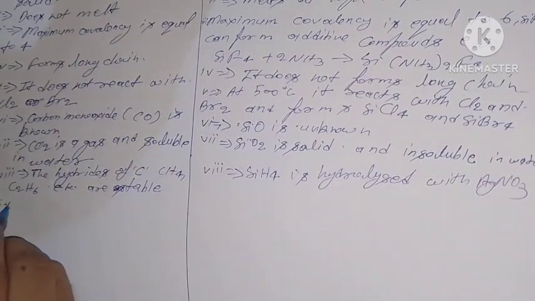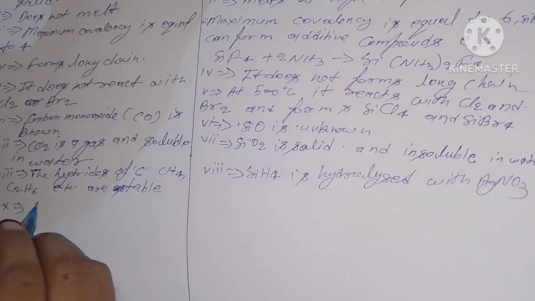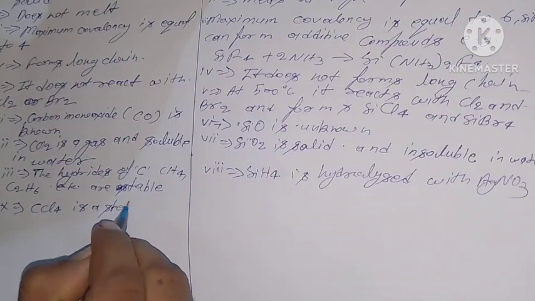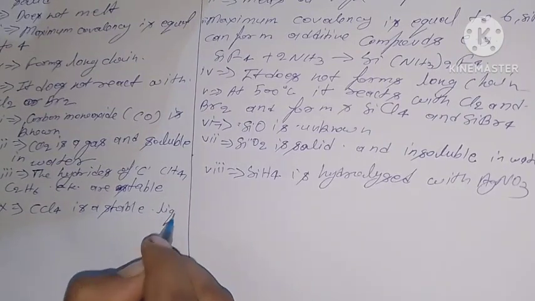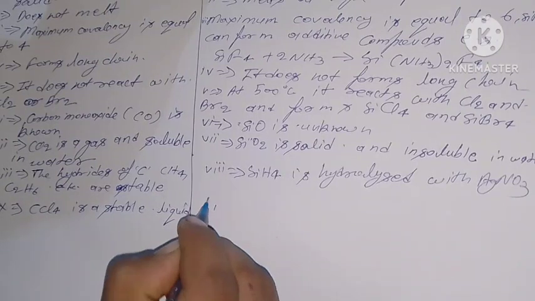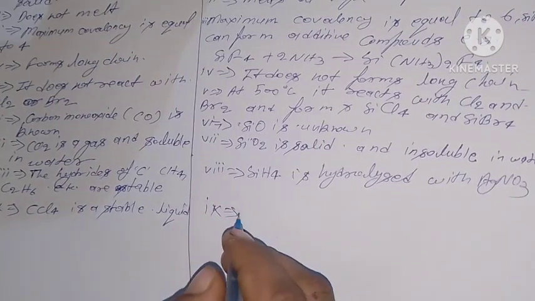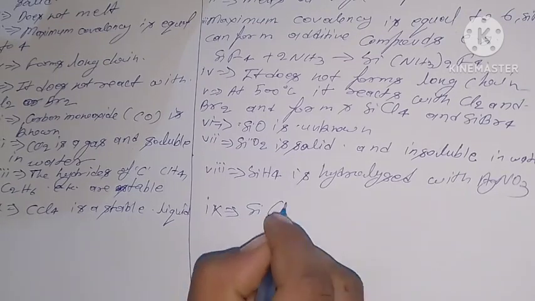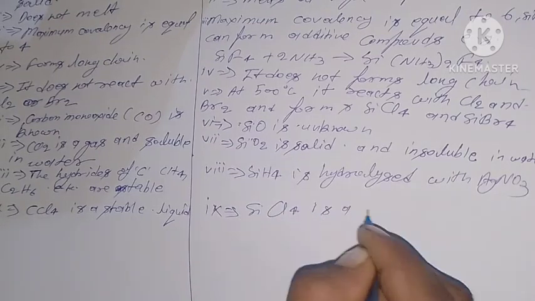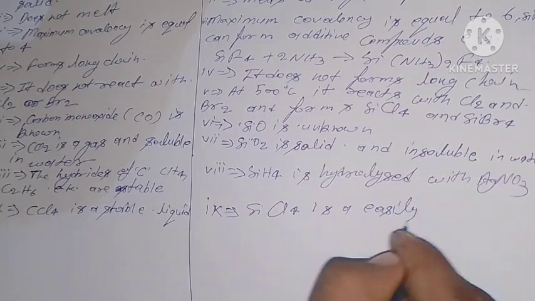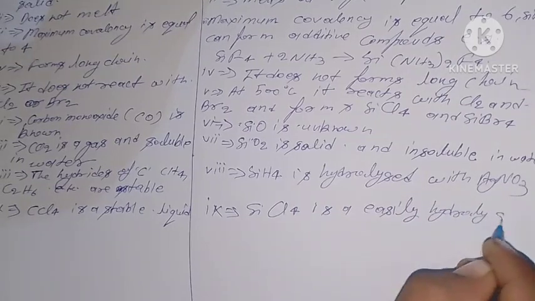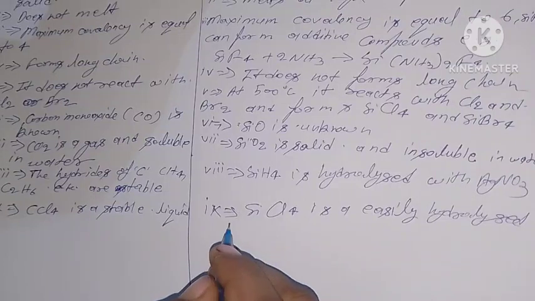Ninth point. CCl4 is a stable liquid, and SiCl4 is easily hydrolyzed, forming liquid.